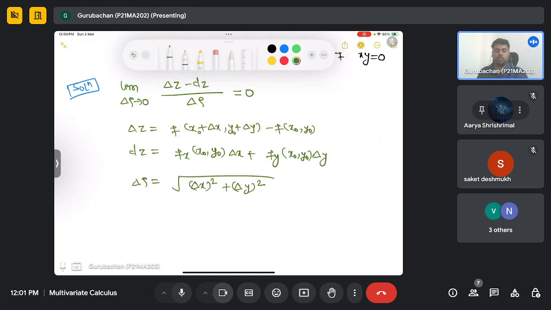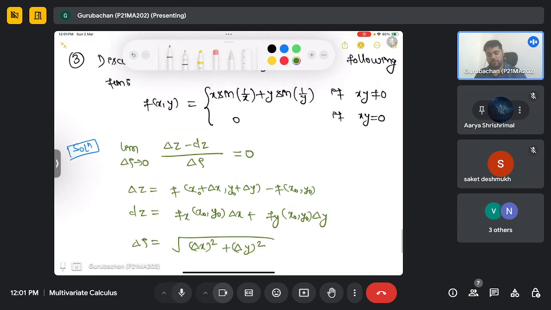Okay. So first of all we have to calculate these partial derivatives at the point 0, 0. Why am I saying 0, 0? Because the differentiability is only disturbed at 0, 0, because the function is breaking into two parts. In the above part, when xy is non-zero, our function is a multiplication and addition of two continuous functions. Or you can say by the algebra of differentiability, we can say that our function is differentiable for xy non-zero.